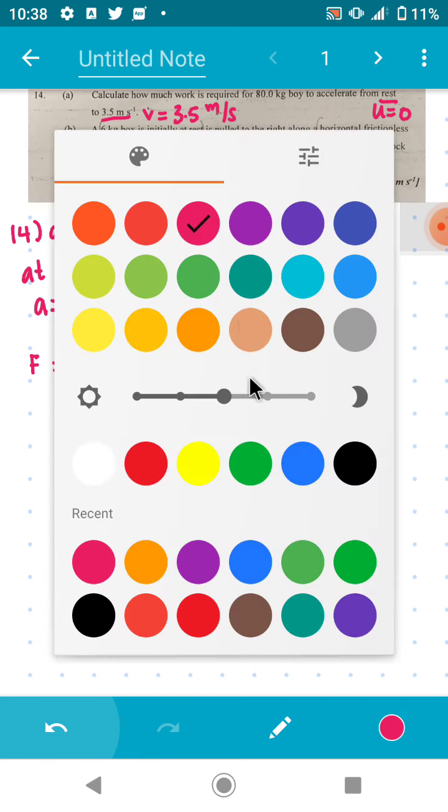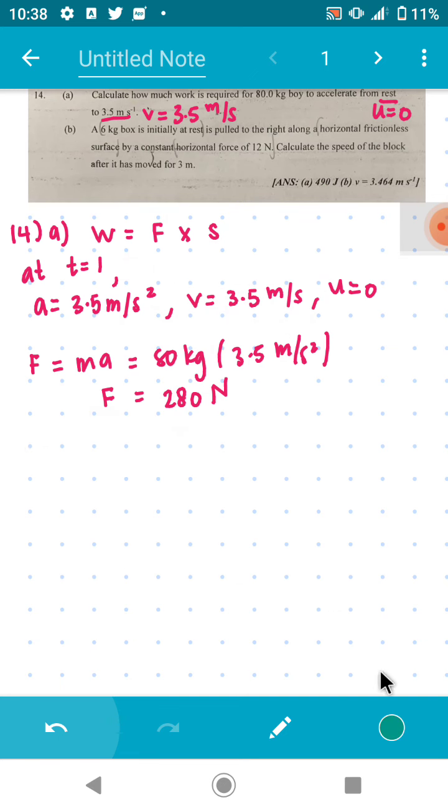Then we need to find the displacement. We can use the kinematics equation, v square equals u square plus 2as, and we want to find s. v is 3.5 square equals 0 square plus 2 times 3.5 meter per second square times s.